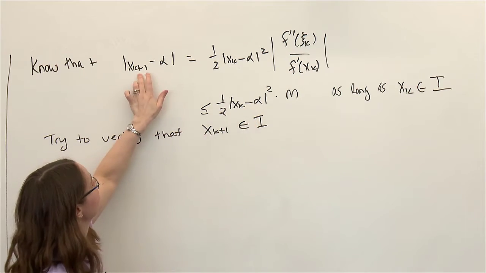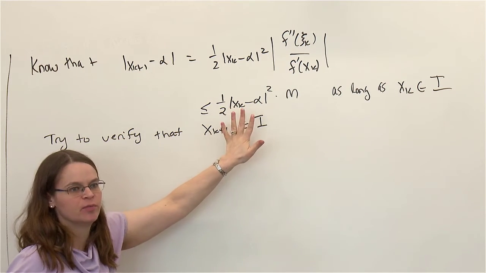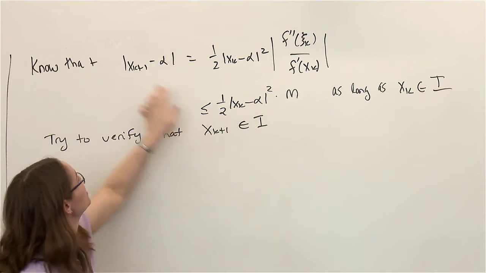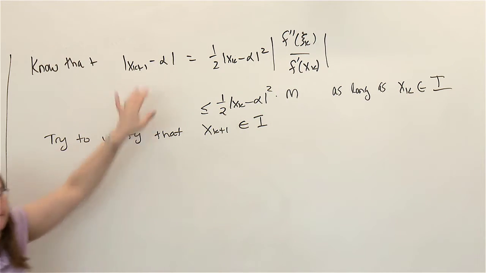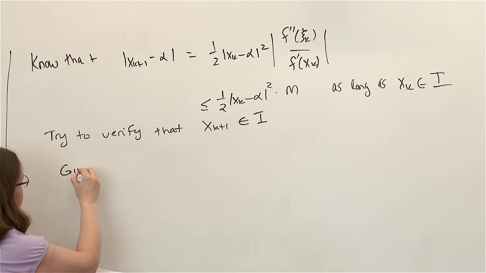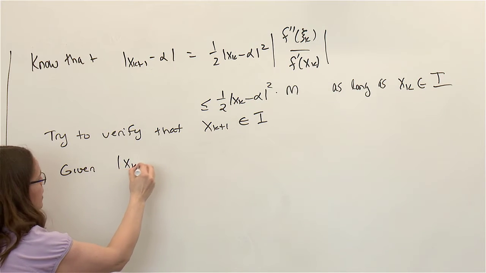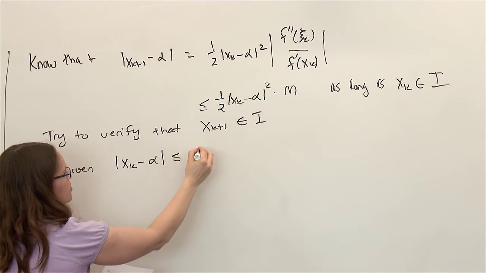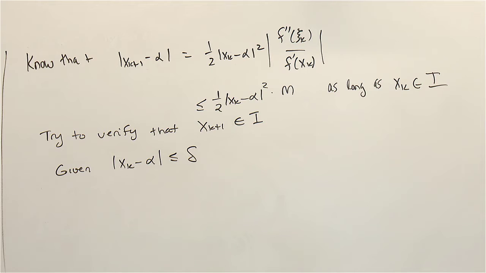I could put an xk plus 2 here and xk plus 1 here, and it would still be valid. But it's only valid if I know that this guy still lives in my interval. Okay, so let's see what we can do. Let's say that we're given xk minus alpha is in the interval. In other words, this distance is less than delta. My interval has width delta.